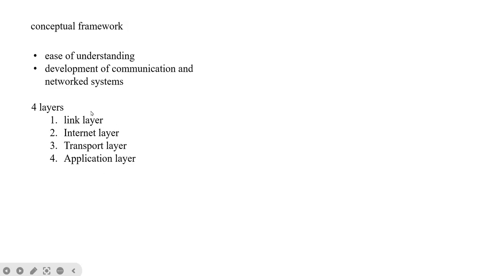This collection of layers is commonly referred to as the TCP/IP protocol suite because the foundation technologies of this suite are TCP and IP. TCP is the Transmission Control Protocol and IP is the Internet Protocol.